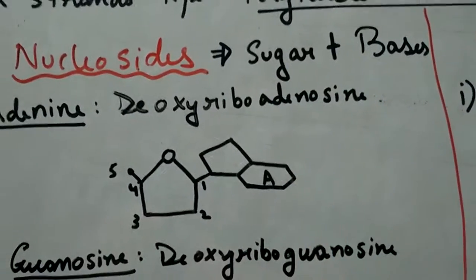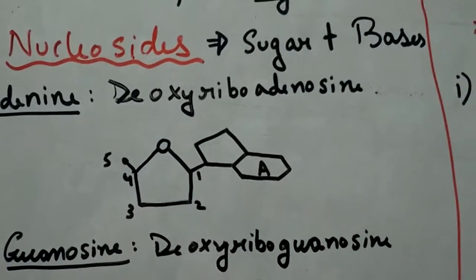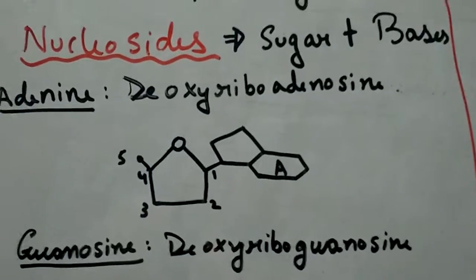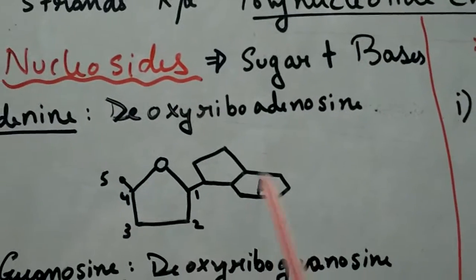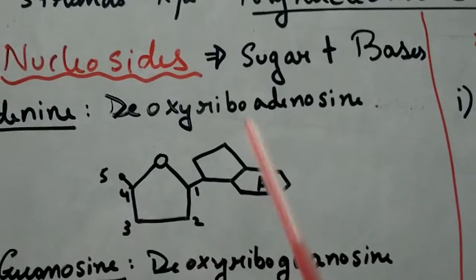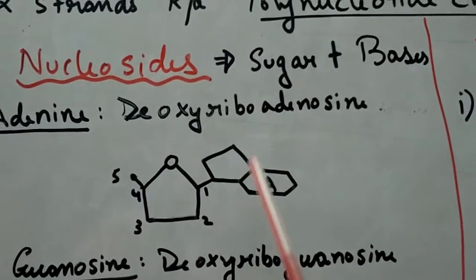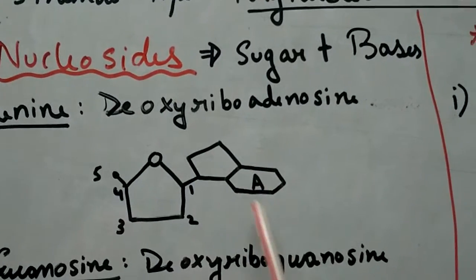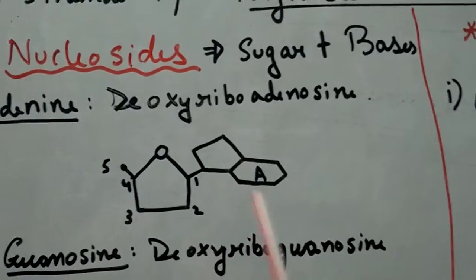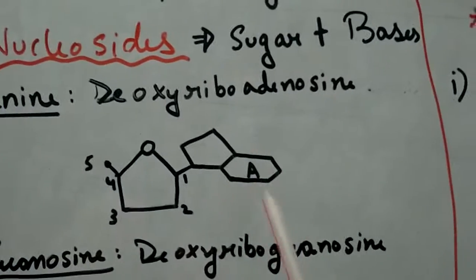Adenine belongs to the purine nitrogenous bases, and it consists of two rings: one is a 5-membered ring and the other is a 6-carbon ring.